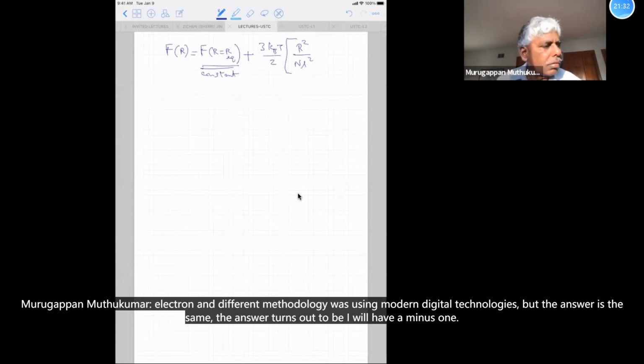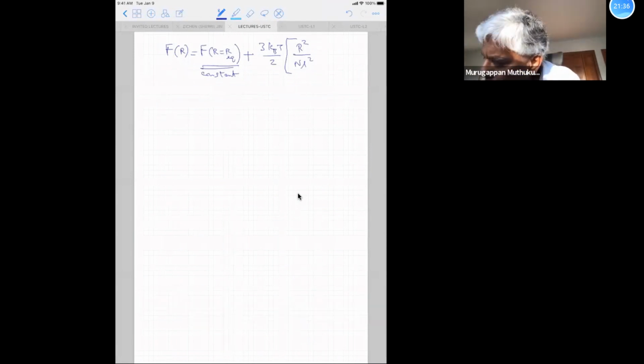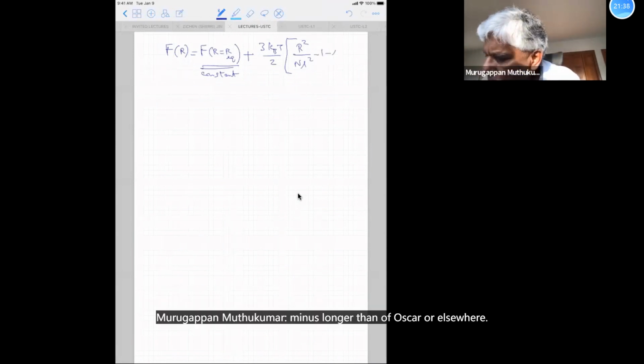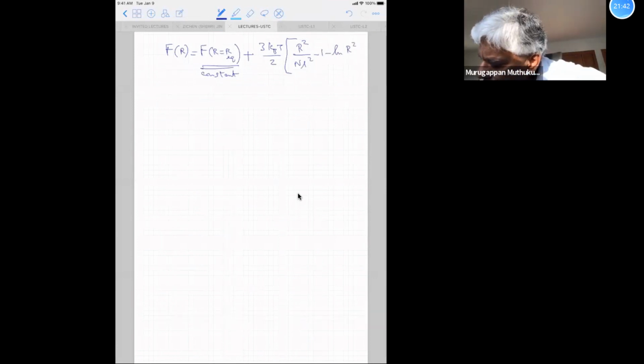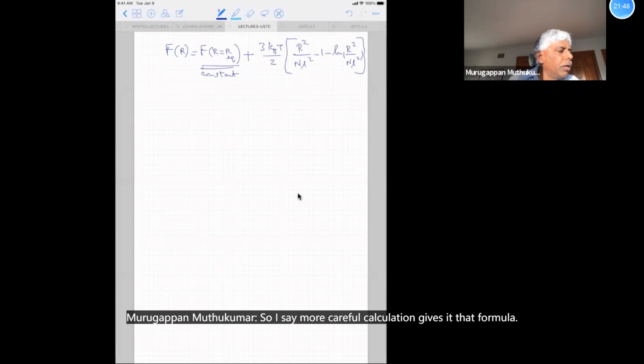But the answer is the same. The answer turns out to be, I'll have a -1 minus logarithm of R square over NL square. That's the formula. So a more careful calculation gives that formula.